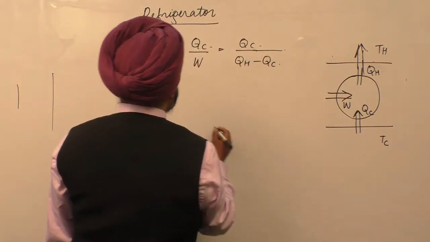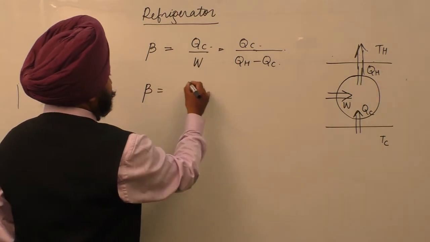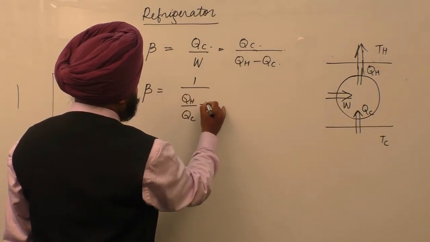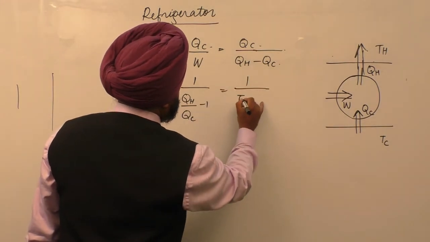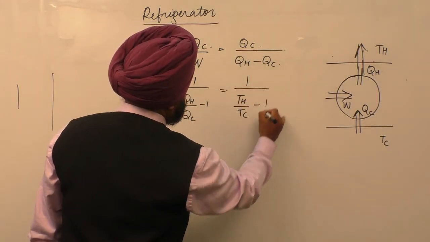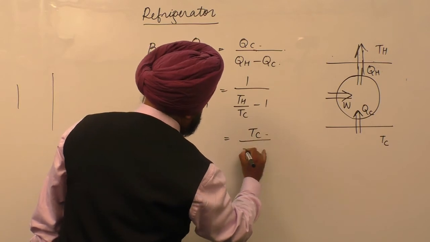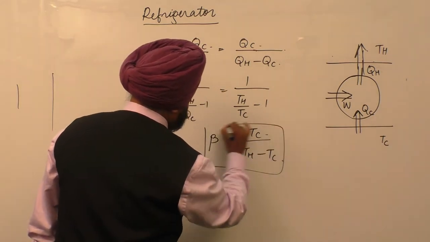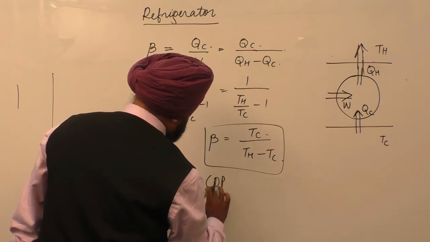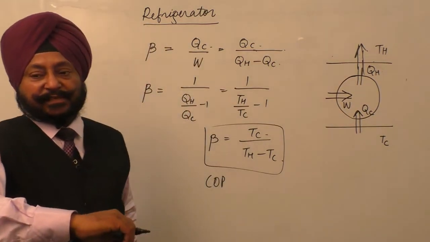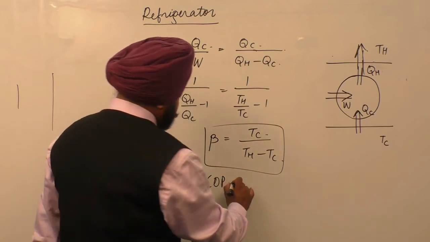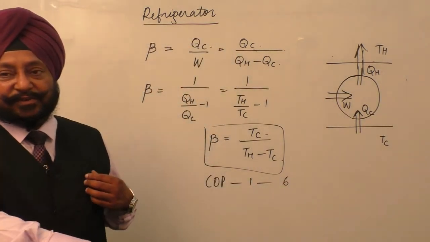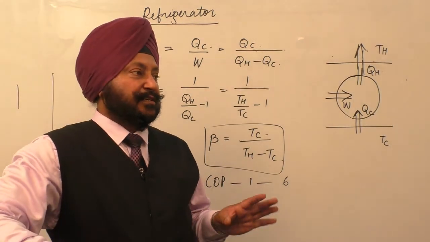Since it's a reversible Carnot engine, we get this particular expression as the coefficient of performance of a refrigerator. The value lies anywhere from 1 to 6, 1 to 10. It is more than 100%. So this is the refrigerator statement.